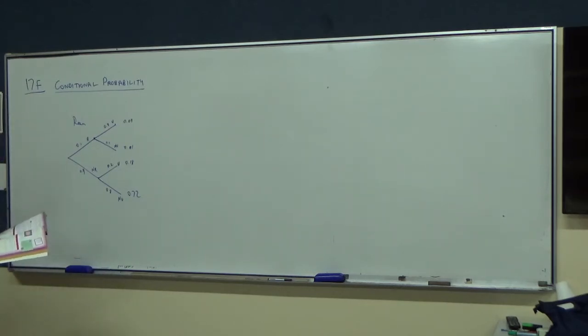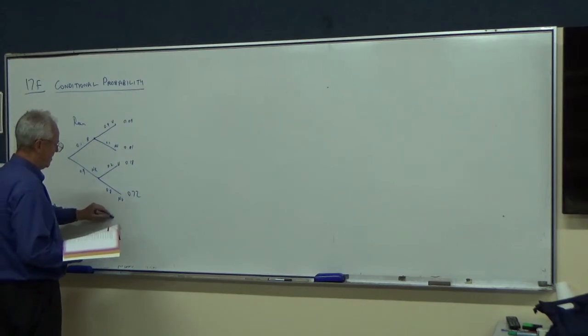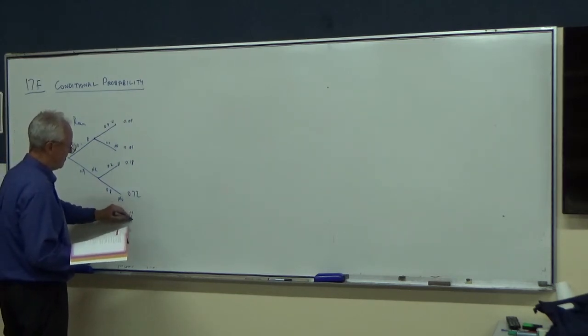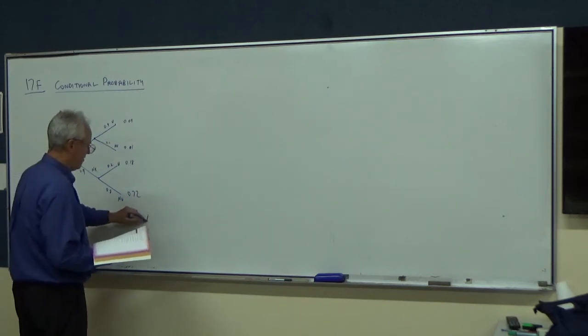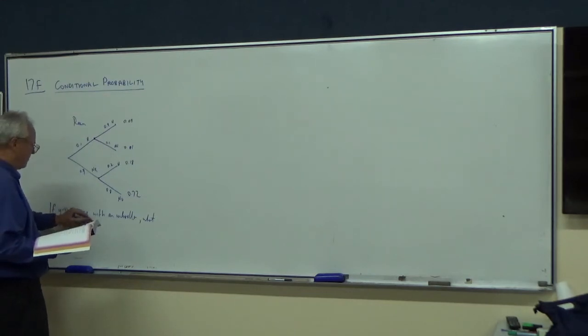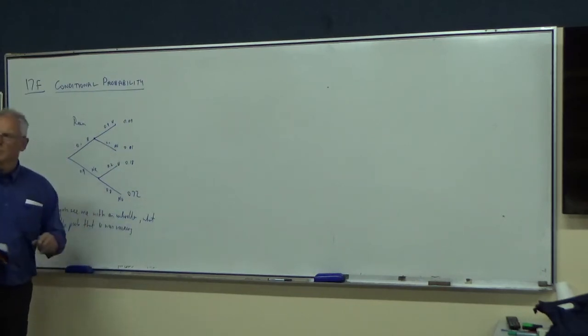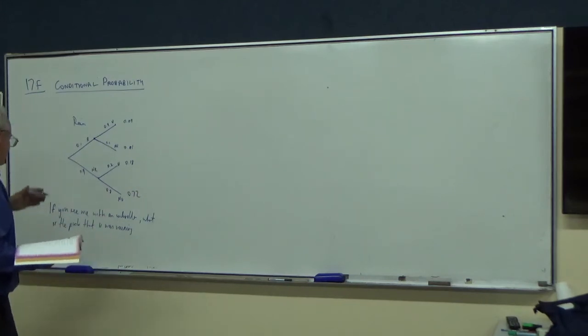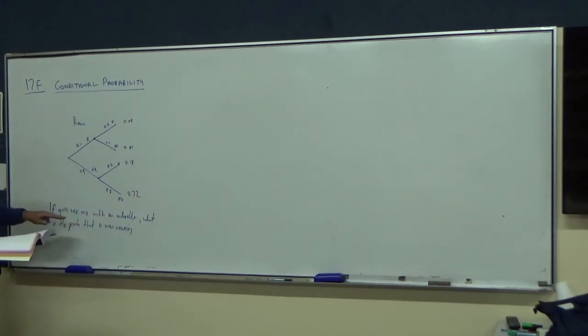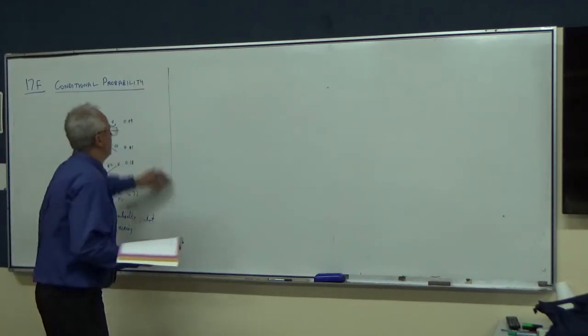In the question I've asked, if you see me with an umbrella, what is the probability it was raining? It's a conditional probability because there's an "if" in there. Given that you've seen me with an umbrella, what's the probability that it was raining that morning?